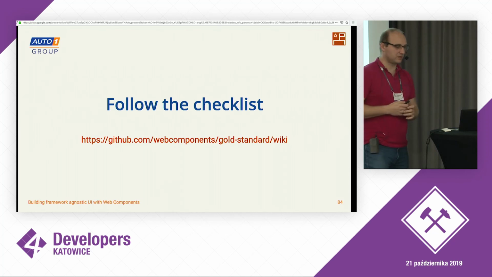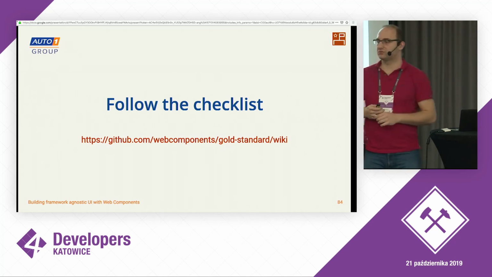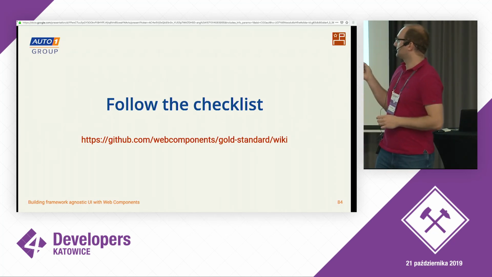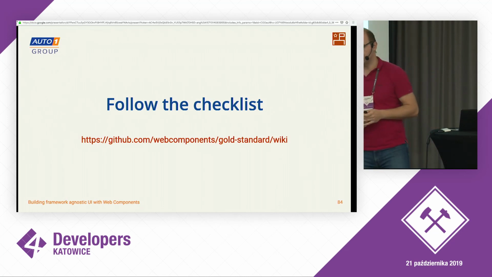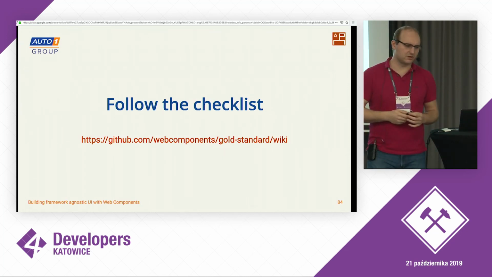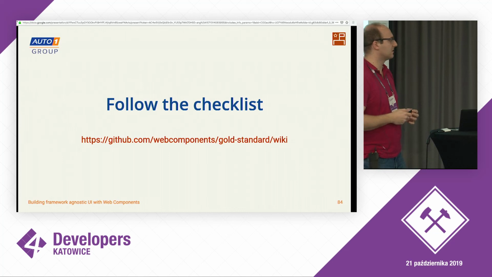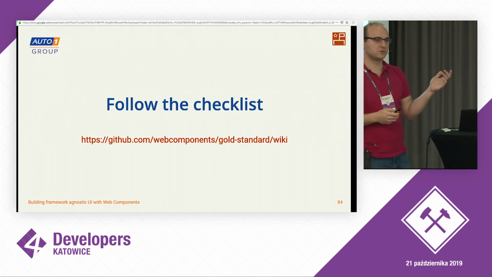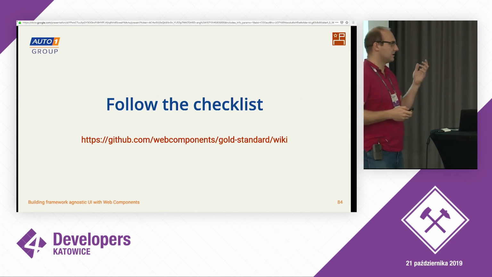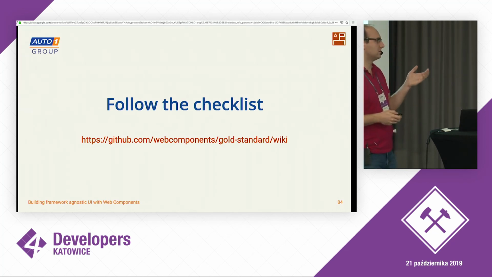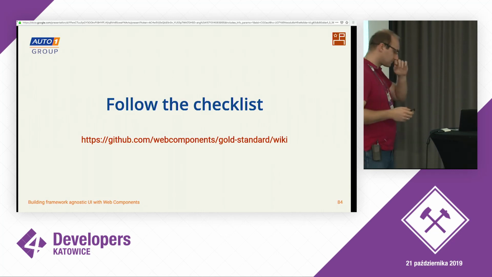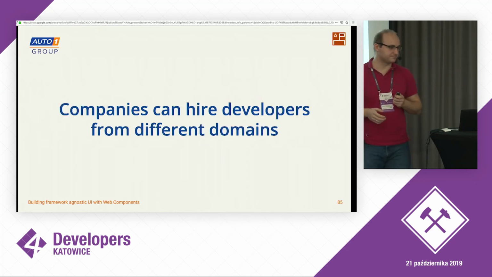In order to implement web components correctly, I suggest following the checklist, which defines the gold standards. Some of the rules are not fulfilled, but most of them are good to use. Following this list helps to build web components in a good way, so they are error-proof and they work in every environment.